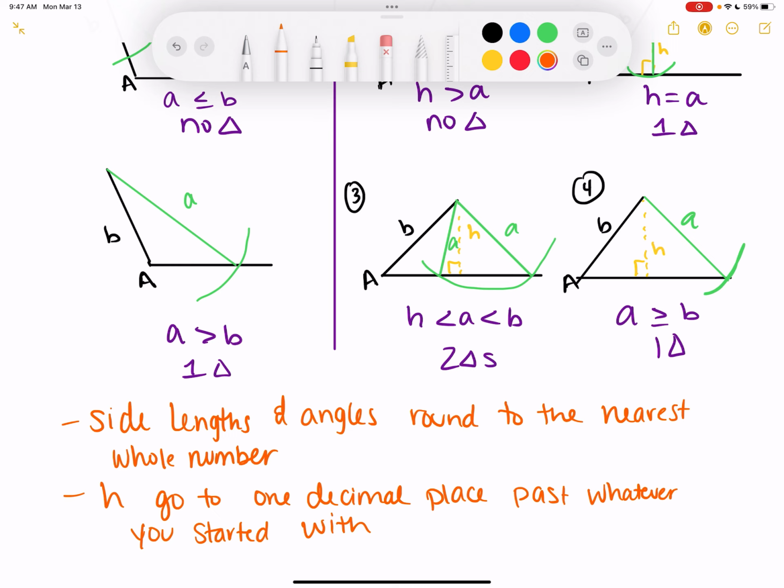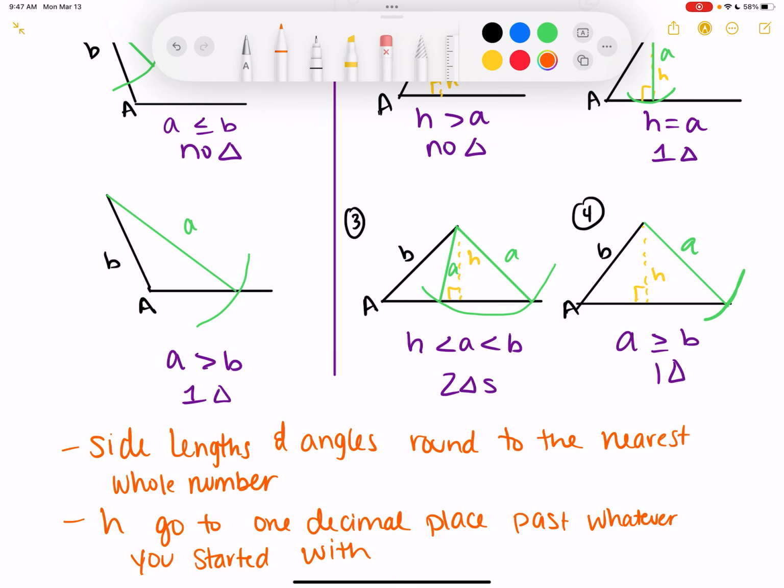So if you started with side lengths that had a decimal, keep them. But anything that you're solving for, round to the nearest whole number. But with H, because it's so specific to H is greater than A, H is equal to A, or H is less than A, if you round, it might give you false information.